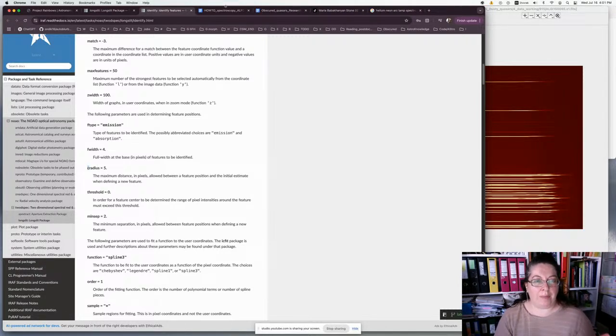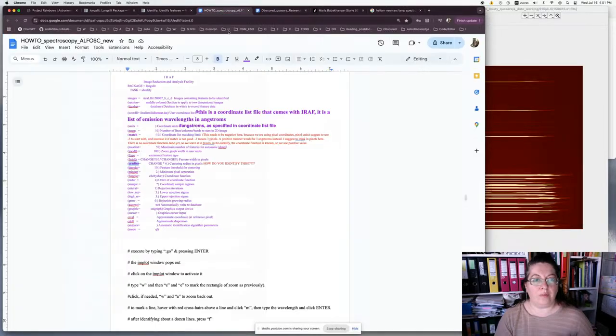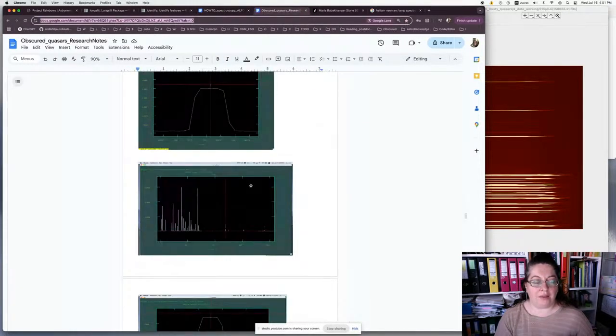This is happening later when the program is identifying the feature. The match parameter of the identify task is what happens at this stage when you are marking yourself.